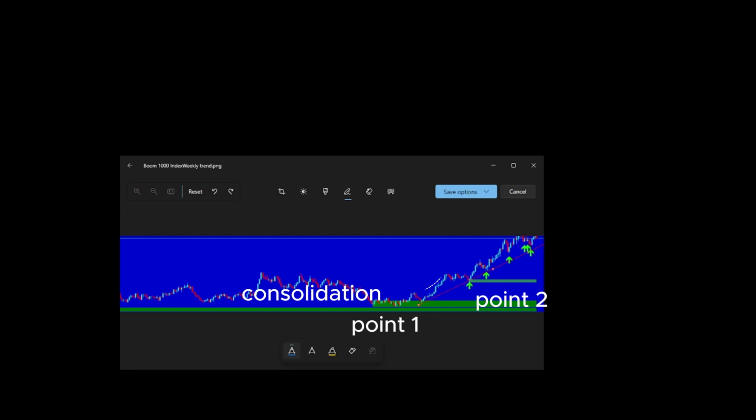It moves up, it comes down, it moves up. So we are saying the first 2 points here and here, we use them to confirm our trend line. I have my 2 touch points. Now I can safely draw my trend line, knowing that there's high probability that the price is gonna move up.